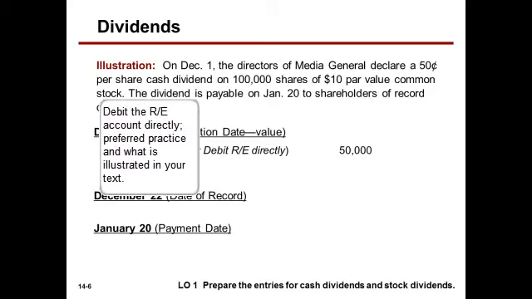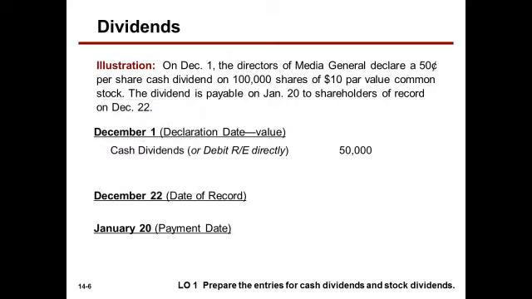Both of these accounts are used in practice. Cash dividends, if used, is eventually closed into retained earnings at year end. I prefer to actually debit retained earnings first and credit dividends payable of $50,000. Again, a legal liability is established at the declaration date. The corporation intends on paying this dividend at a later time.